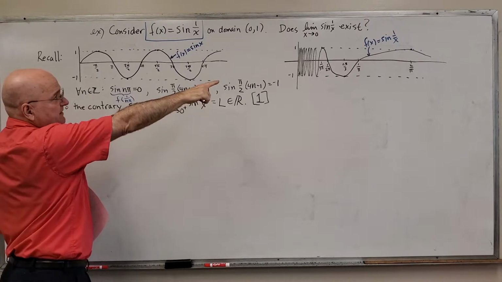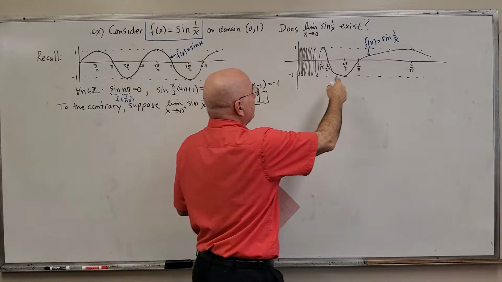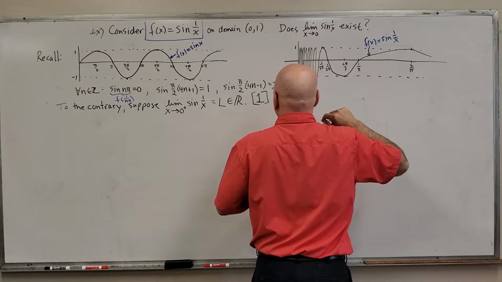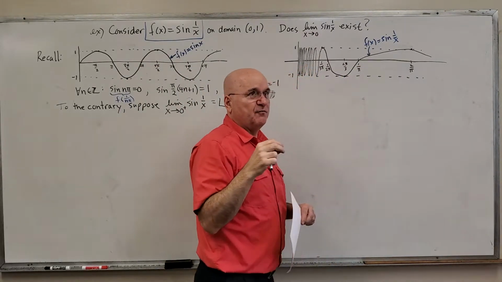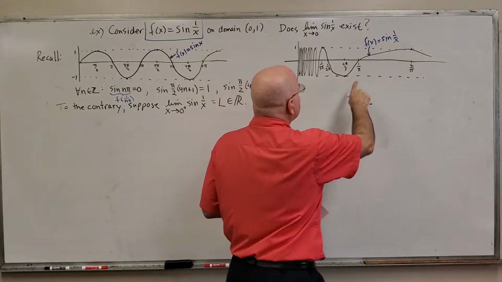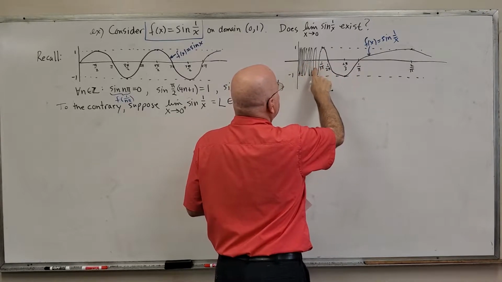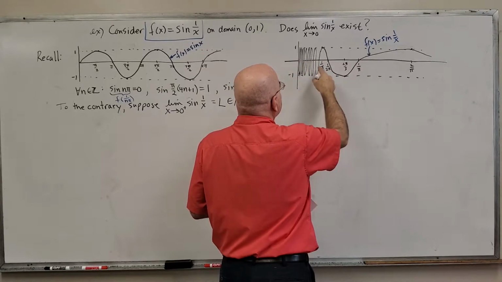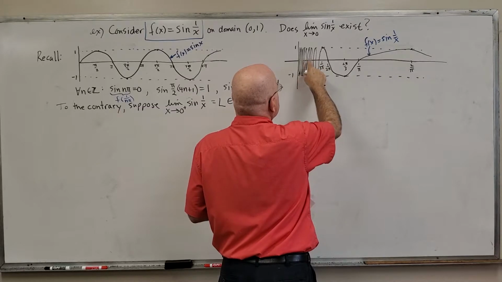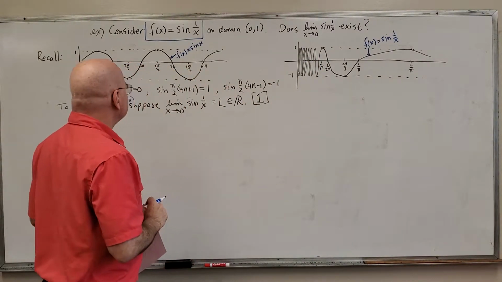That's why this graph over here crosses 0 at every multiple of 1 over pi. Well, I should say not every multiple of 1 over pi, every 1 over n pi. So we've got 1 over pi, 1 over 2 pi, 1 over 3 pi, 4 pi, 5 pi, and so on. So it's crossing the x-axis, it's equal to 0 an infinite number of times.